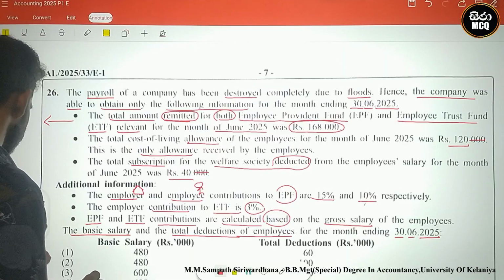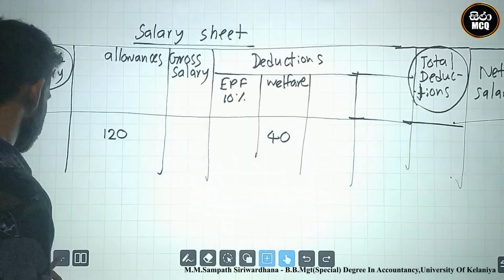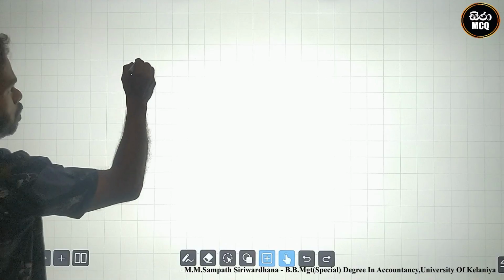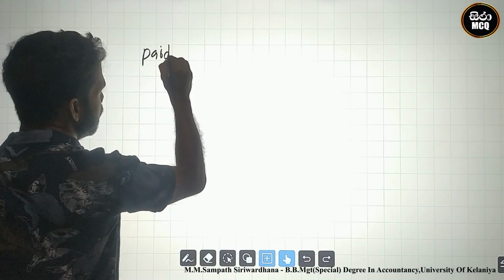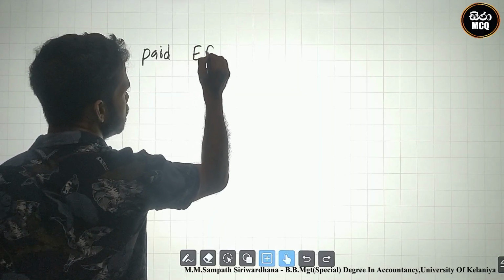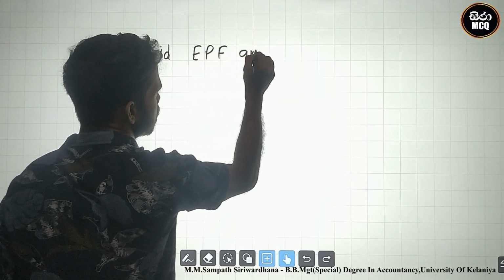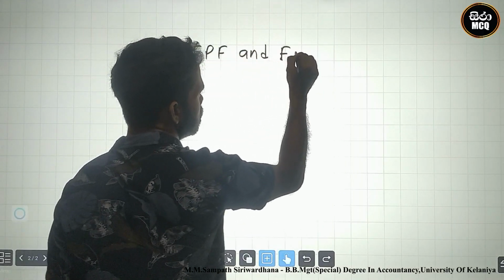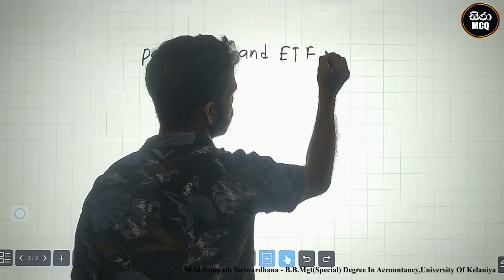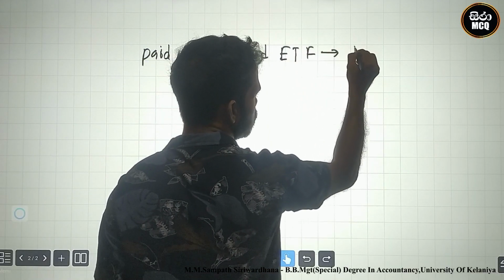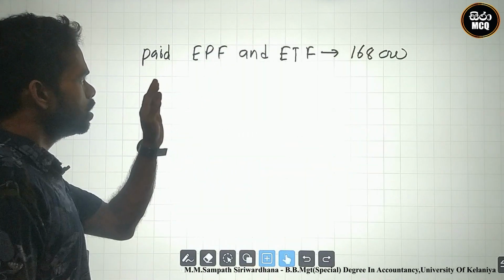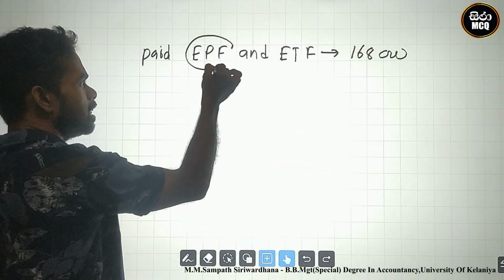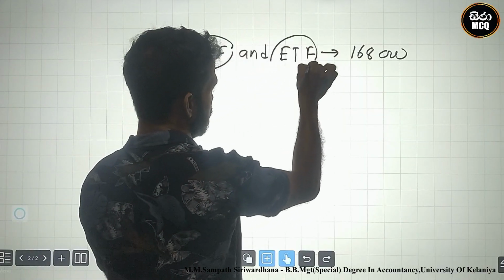Look here, 168, paid, the remitted, paid EPF and ETF. What is the amount? 168,000. This is the total EPF paid and total ETF paid.